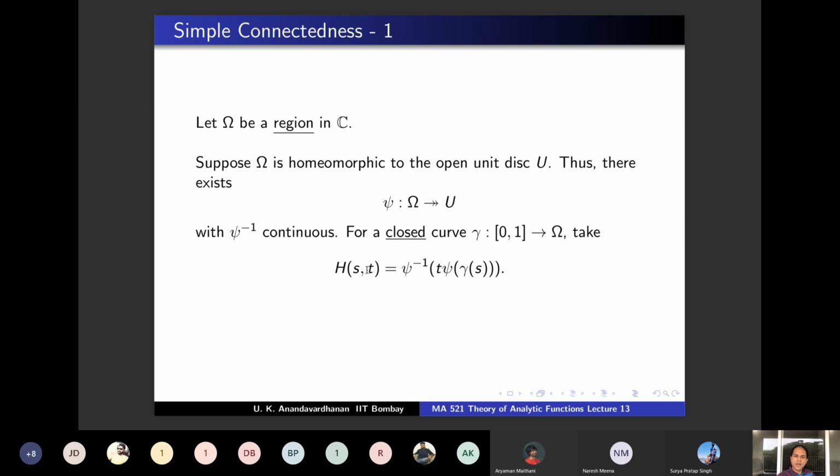H(s,t) are curves. They are in fact closed curves.